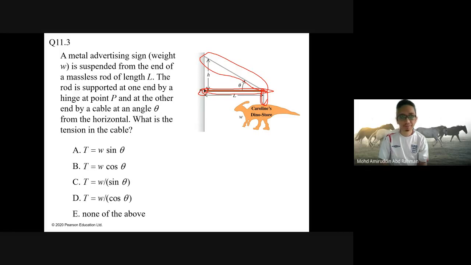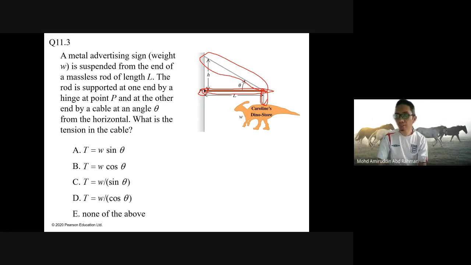Any idea? Any one of you can suggest, and you can talk. It's not a problem. It doesn't mean your solution is correct or wrong. So we might learn together.